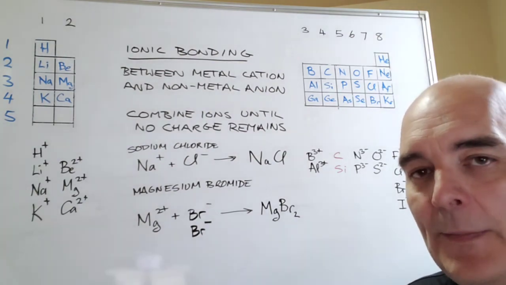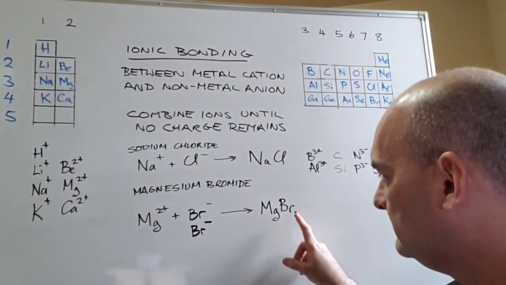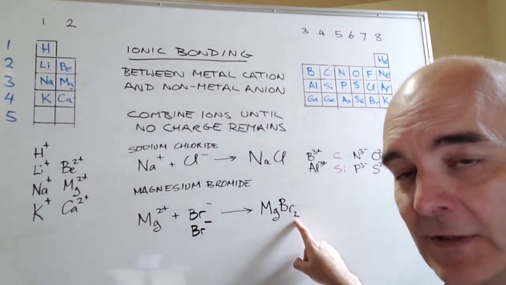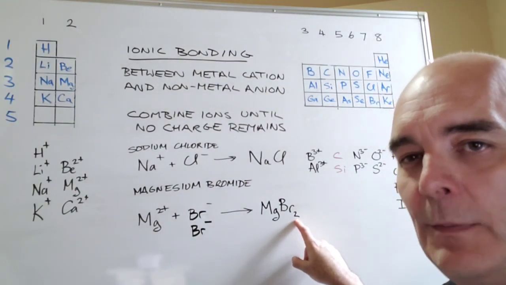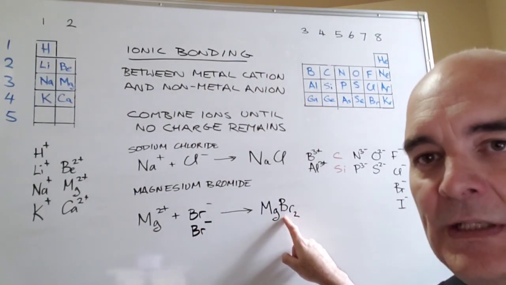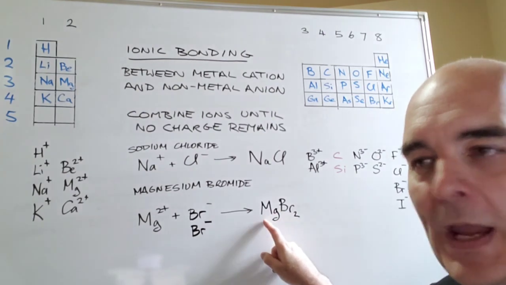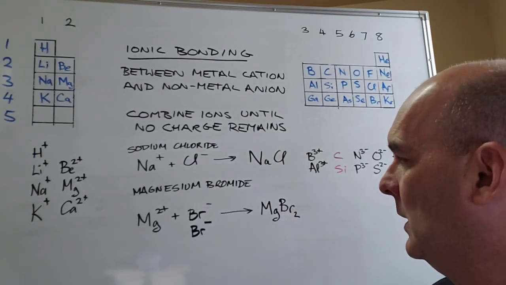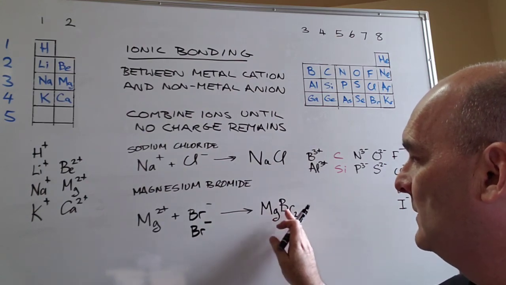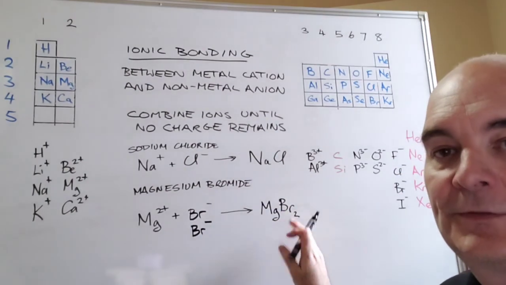Now, using numbers in chemical formulae, if the number is subscripted, that means it multiplies only the atom that immediately preceded it. So MgBr2 tells us this contains 1 magnesium and 2 bromines.